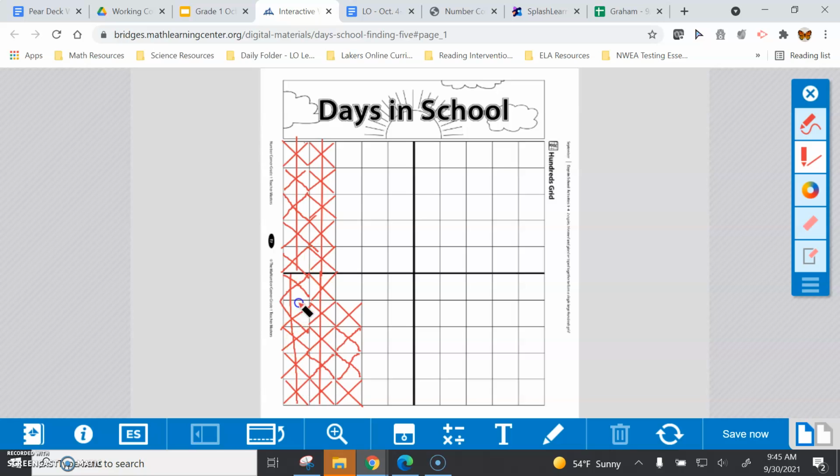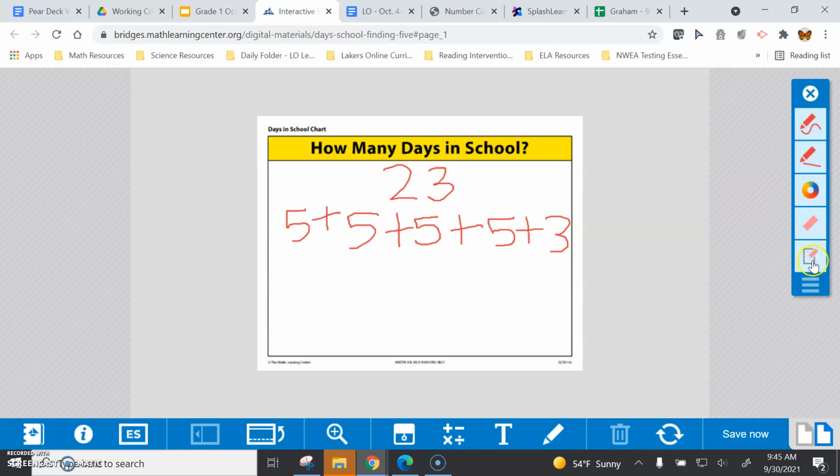We have 5, 10, 15, 20, 21, 22, 23, 24 days that we've been together, friends. 24 days. Can you think of math facts that equal the number 24?